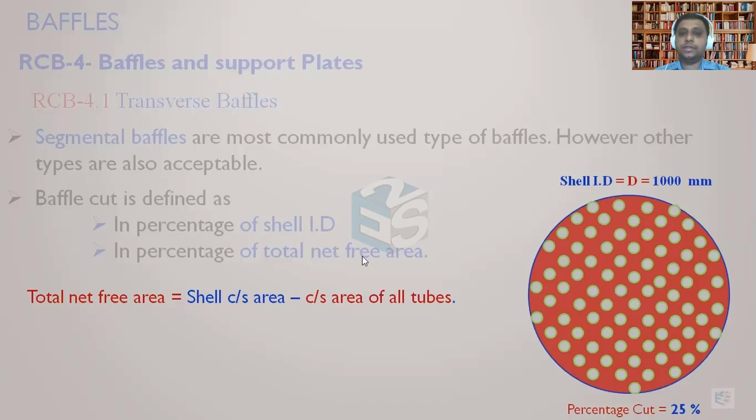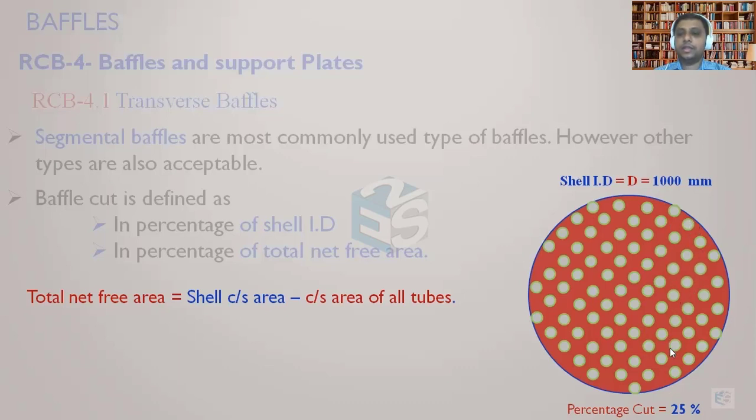So if it is specified as total net free area 25%, then to calculate, we first have to calculate the shell cross sectional area minus the cross sectional area of all tubes, that is your total net free area, out of which 25% is removed. So that 25% we need to calculate, and then we have to draw a line which will deduct the 25% net free area.